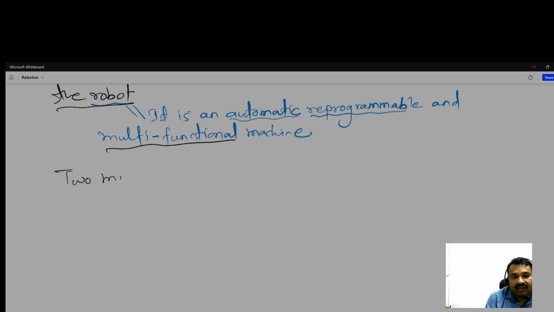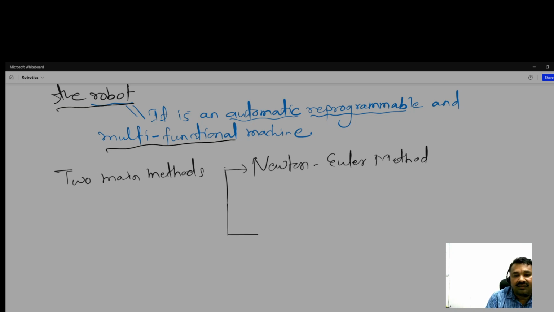First, the Newton-Euler method, and secondly, the Lagrange-Euler method.